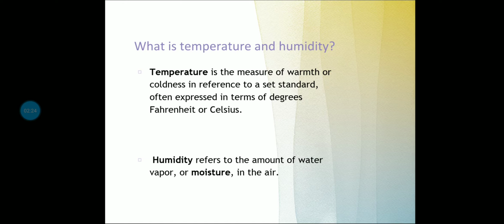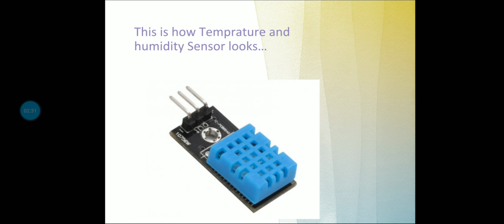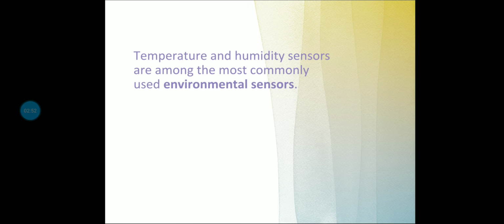Humidity refers to the amount of water vapor or moisture in the air. On your screen you can see the figure of how this temperature and humidity sensor looks. Temperature and humidity sensors are among the most commonly used environmental sensors.